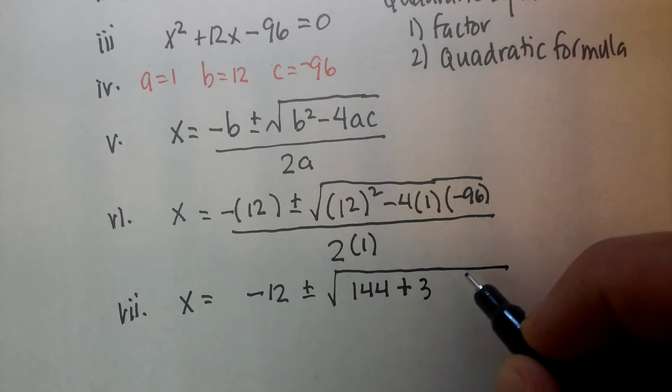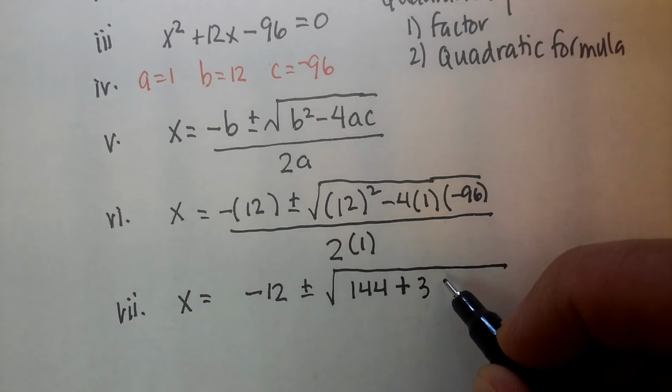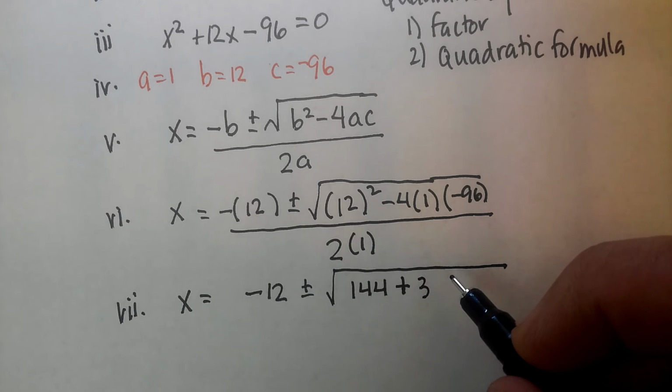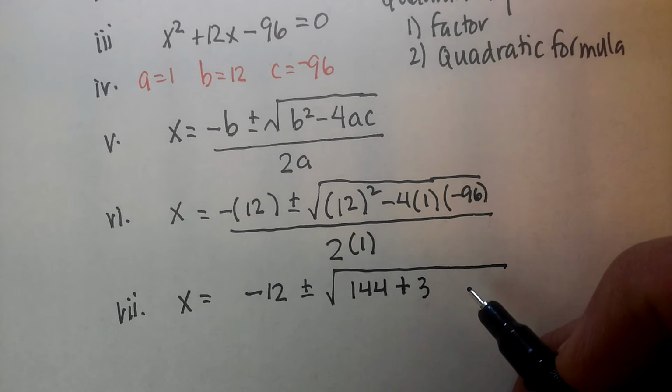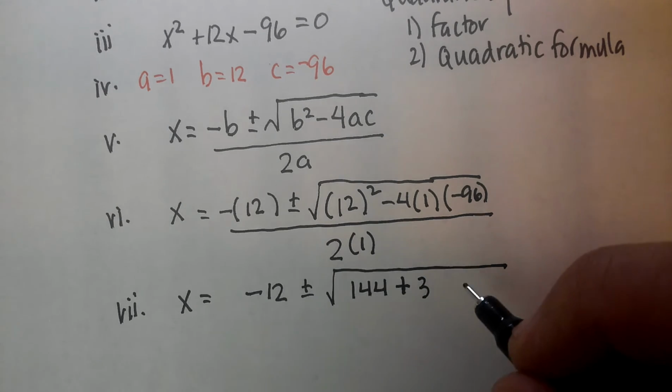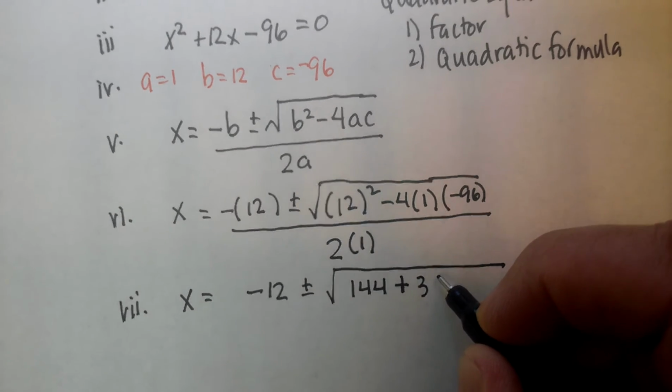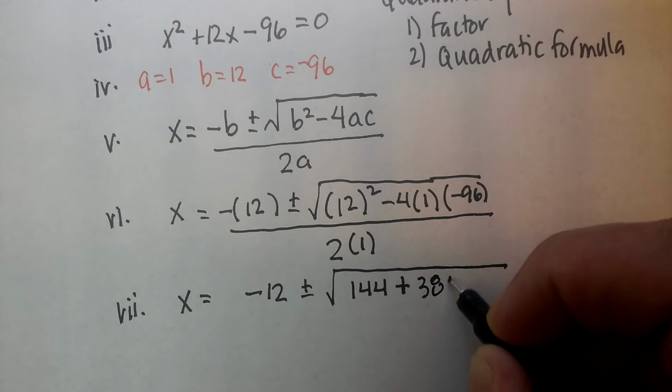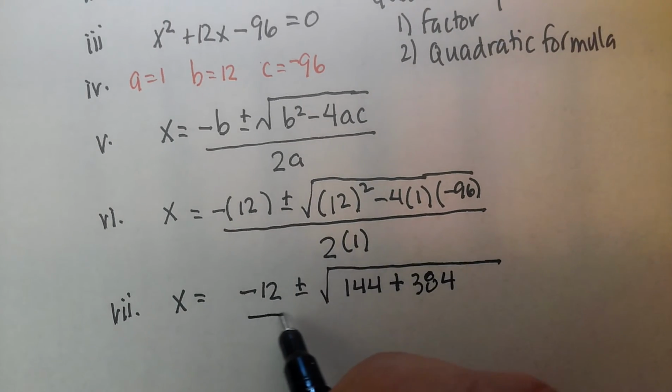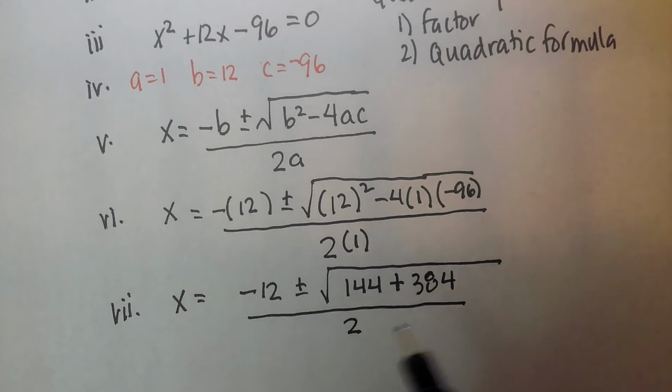Let me just try that real quickly using my calculator. 4 times 96 gives me 384, so that's going to be positive 384, all divided by 2.